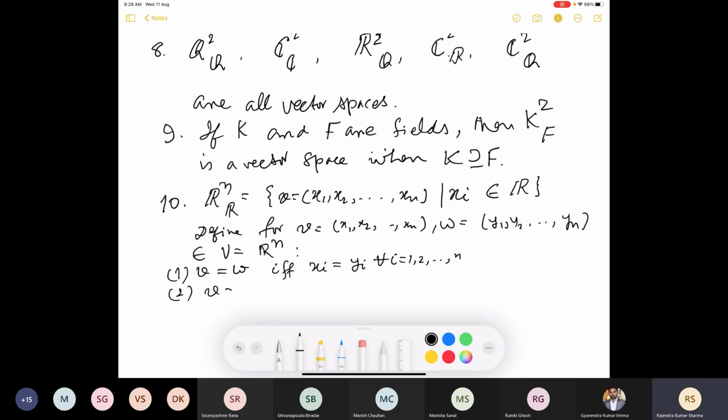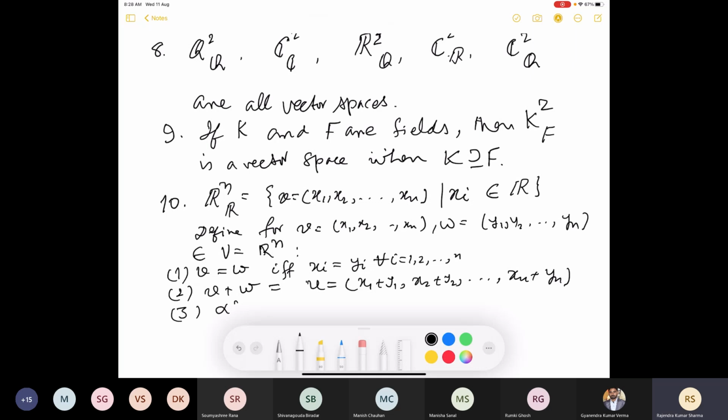Number two, how do you add? The addition is again coordinate-wise. So this is, say, u, and what is u? U is x1 plus y1, x2 plus y2, and so on, xn plus yn.